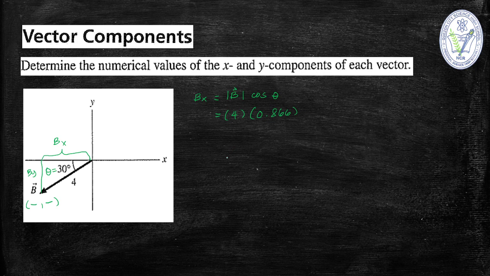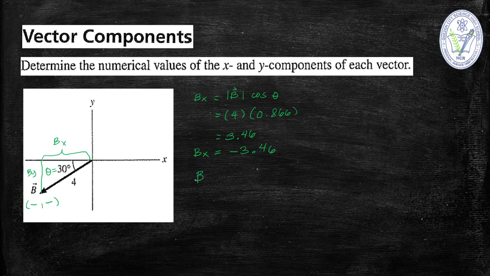So we will have a value of 3.46. Okay, but since it is located at the third quadrant, bx is negative 3.46.